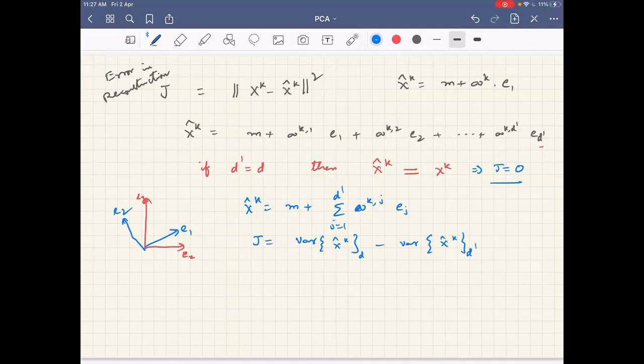Please note that this indicates that I am considering the xk hat when projected onto all d dimensions. So let me write here a subscript d, and this is d dash.